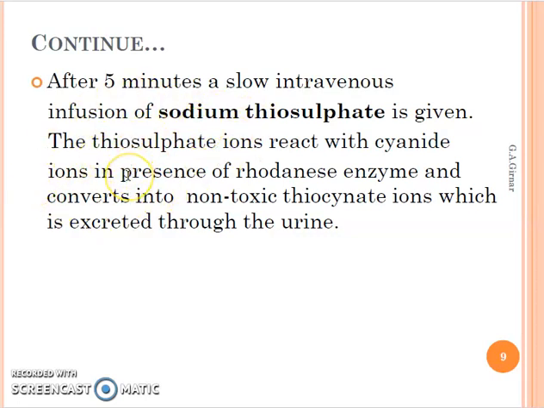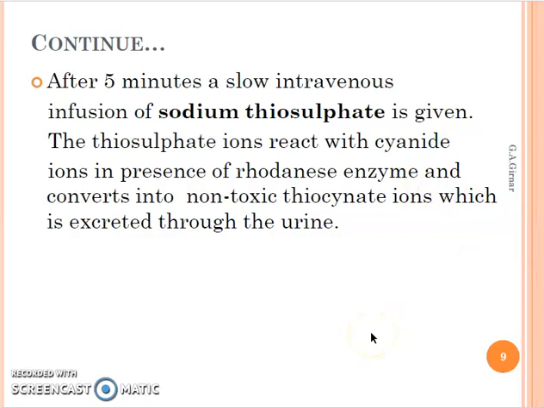cyanide ions which are present in our body in the presence of the enzyme rhodanase. Because of the presence of this enzyme and sodium thiosulfate, the toxic cyanide compound is converted into the non-toxic thiocyanate compound, or thiocyanate ions, and after the formation of thiocyanate ions, they can be excreted or flushed out from our body through the urine.